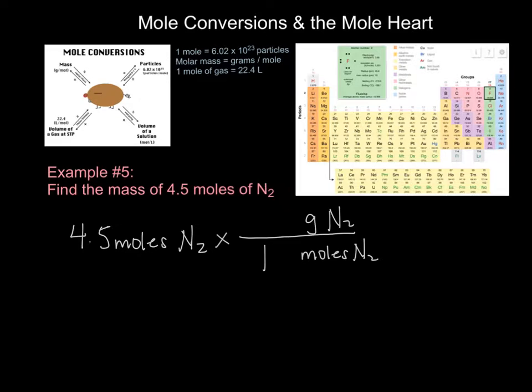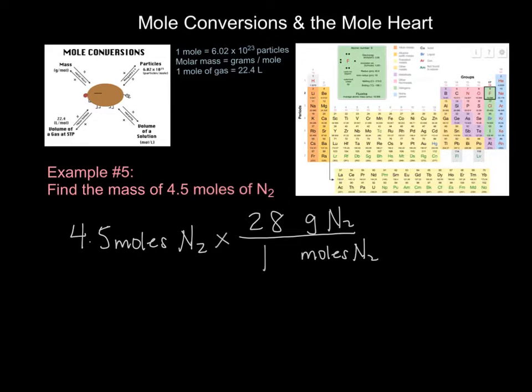and my molar mass of N2, I have 2 nitrogens, and the atomic mass of nitrogen is 14, so my molar mass of nitrogen is 14 grams per mole, but I have 2 of them. I have N2, so my molar mass of N2 is going to be 28 grams per mole.